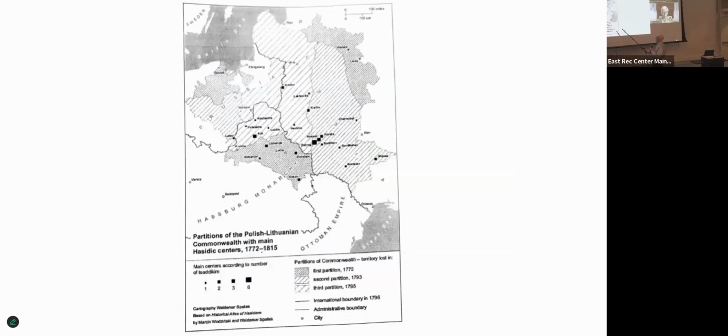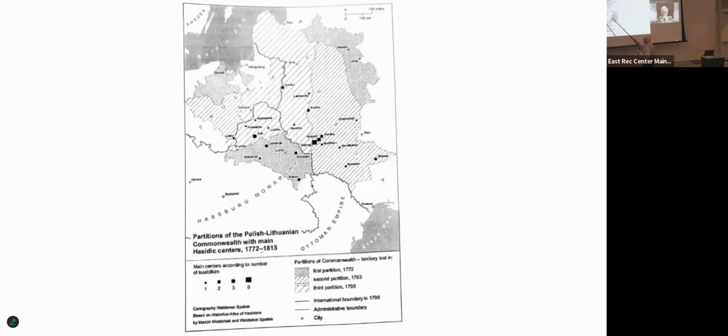There's the guidelines here. This is the partition. This is where most Jews are living. Most of your ancestors, if you're Jewish and came from Europe, most of your ancestors lived here. This was the Polish-Lithuanian Empire, or down here in the Ottoman Empire.